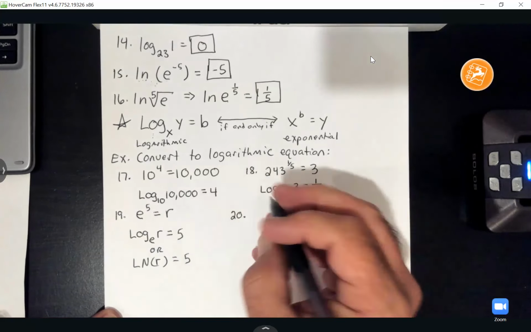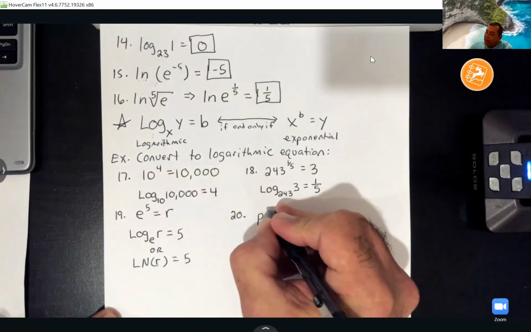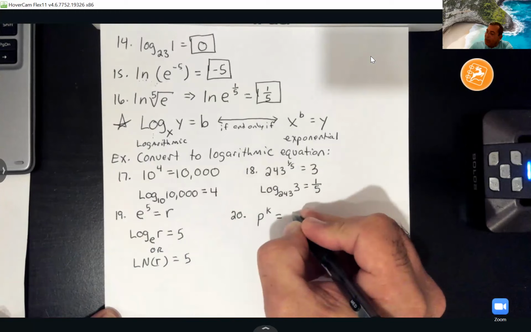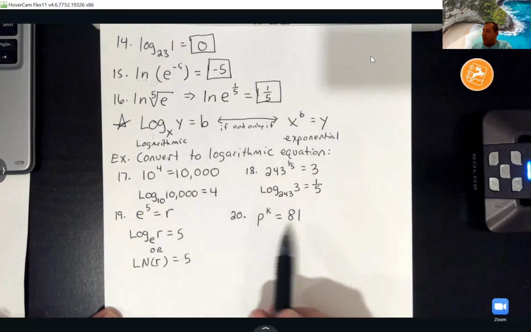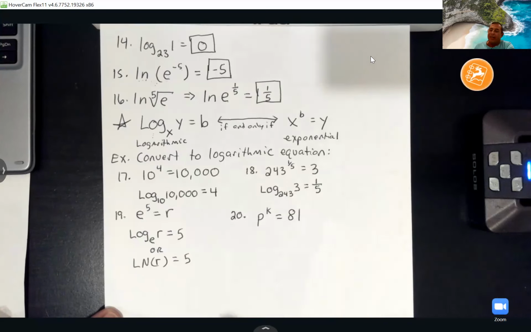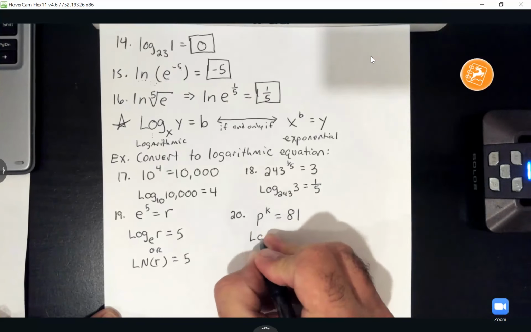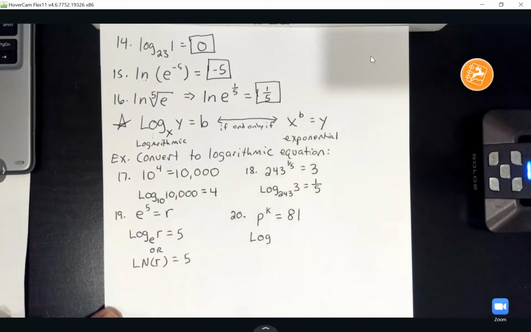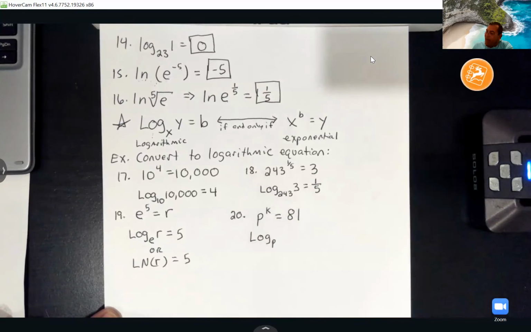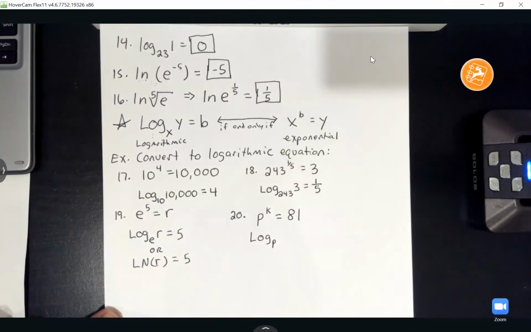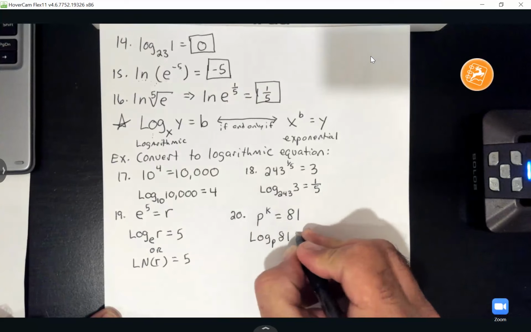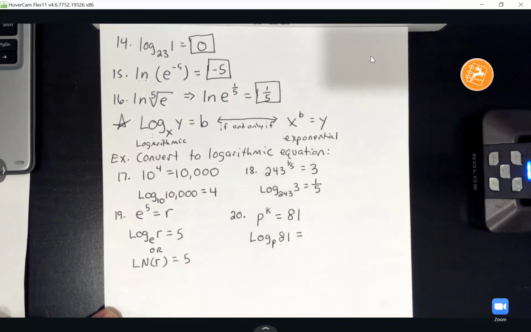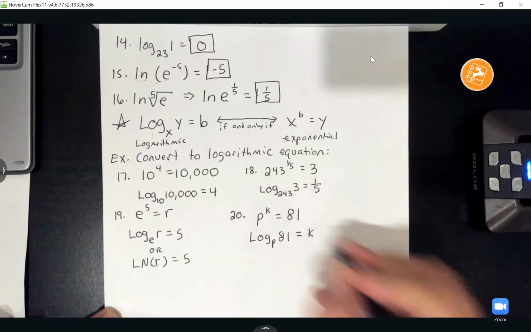Okay, well, y'all try this one. P to the k equals 81. When you get good with numbers here, they're going to change it up on you, throw these letters at you. It's gonna be log base P of 81 equals k.